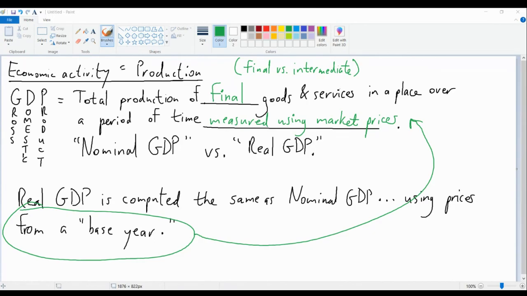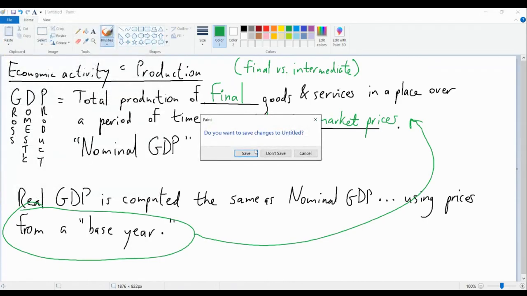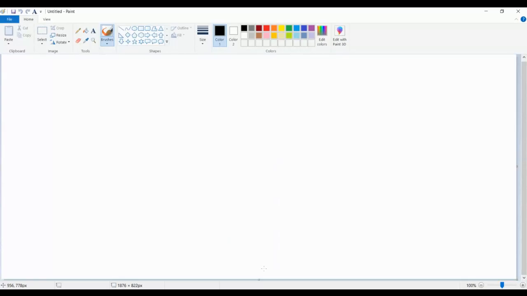If not, then our next problem is to define inflation. So let's define inflation, and I want to make a note here before we do that.